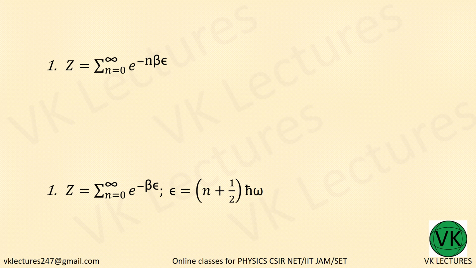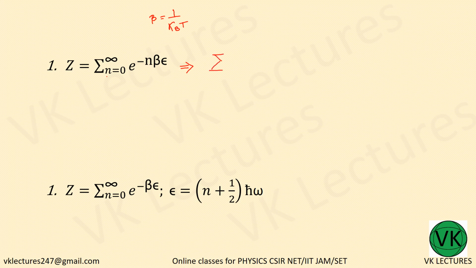Here is one such example that we are using in statistical mechanics. Z is equal to sum over n equal to 0 to infinity e to the power minus n times beta e, where beta is nothing but 1 over kbt.